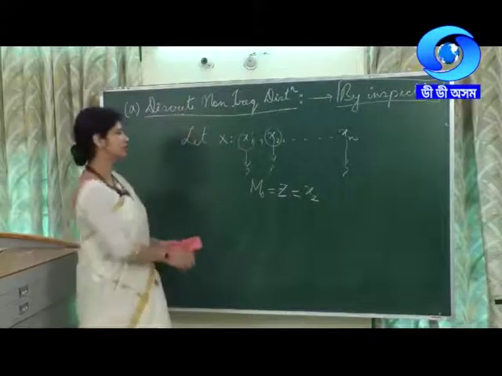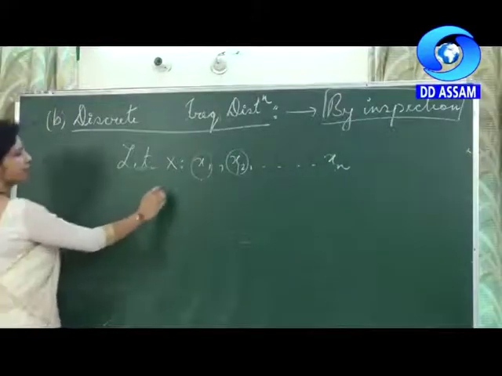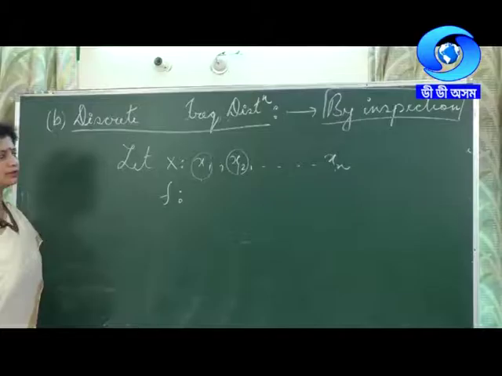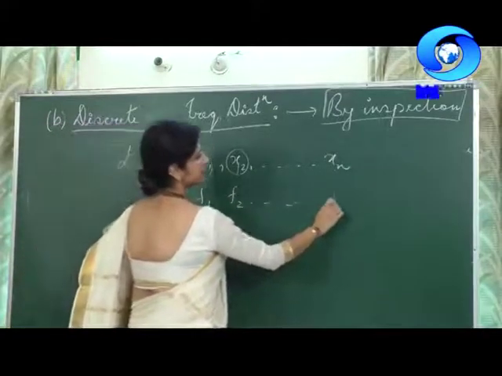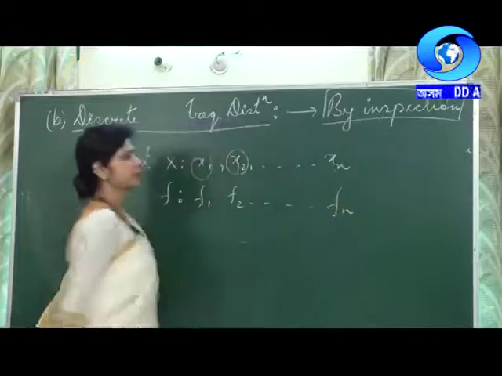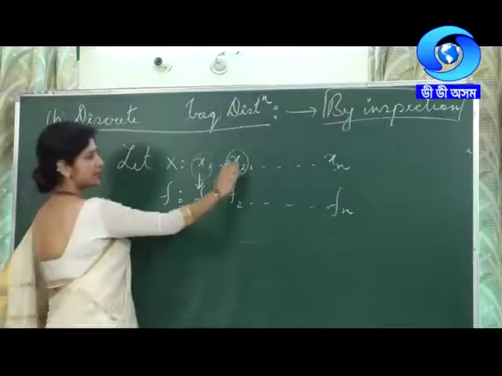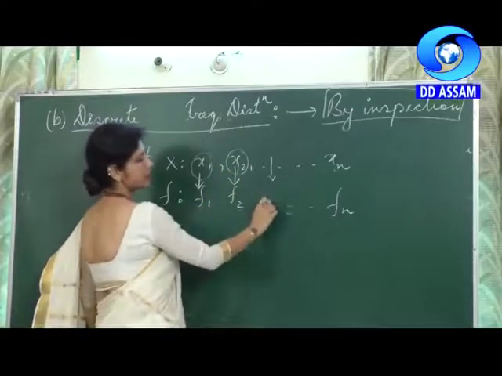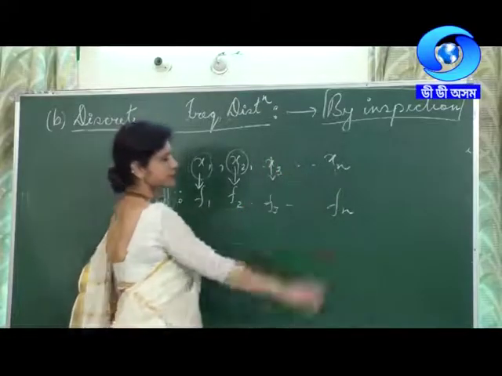The second case, that is if we are given some discrete values of the variable x along with their respective frequencies, that is x1 occurs f1 times, x2 occurs f2 times, x3 occurs f3 times and xn occurs fn times.